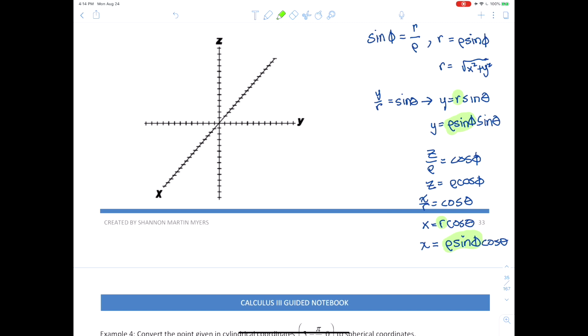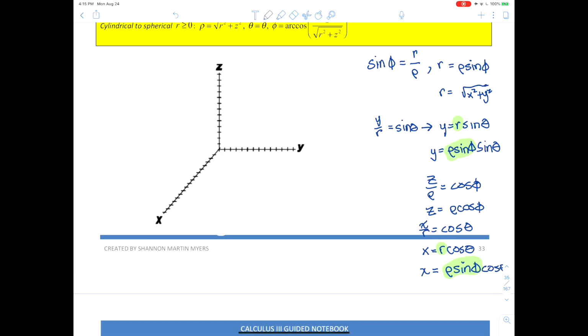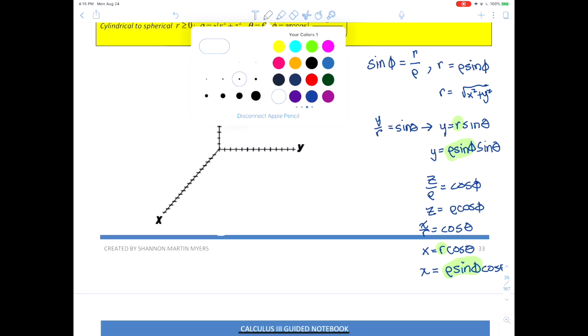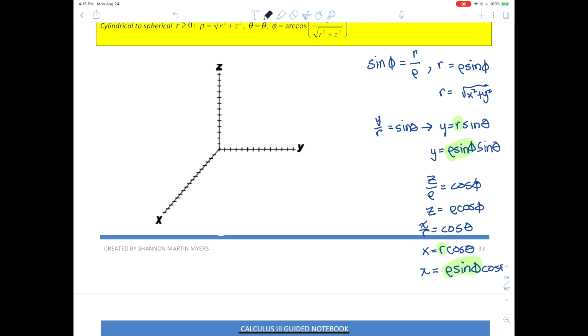Okay, so let's take a look at what this looks like. Okay, that'll be easier to play around with. So here we go. Let's take a look at what we've got. We've got, of course, our x, y, and z, and then we've got in the plane, kind of like how we made it before, your x, you have some kind of x, y plane here.